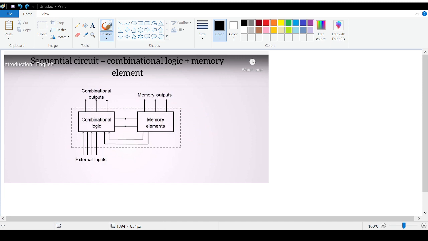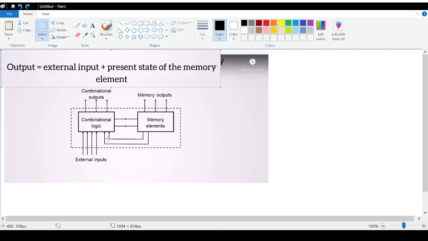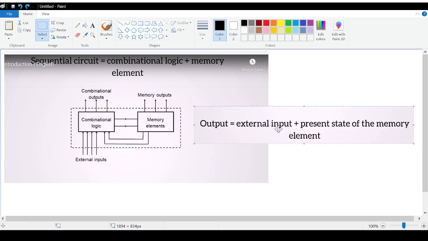So the output depends on the external input and the present state of the memory element. This is the difference between sequential circuits and combinational circuits.